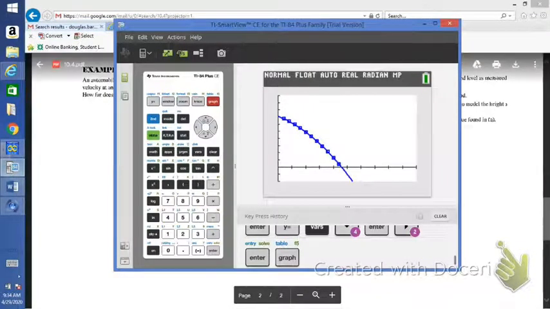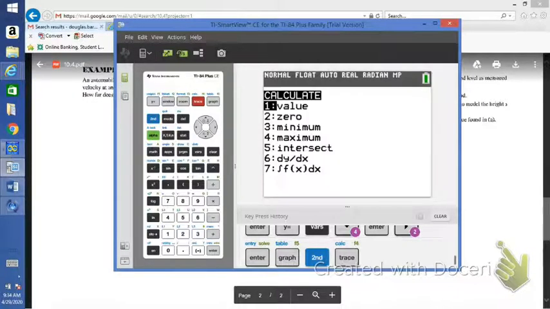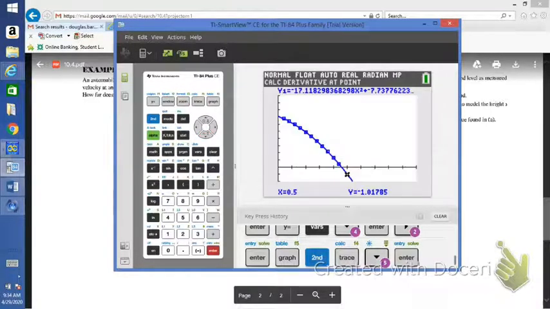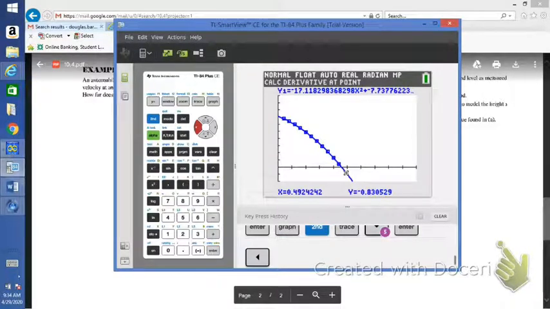Okay, so what you can do now is you can go back to your graph and you can hit second, the trace key, and you can scroll down to dy/dx and hit enter, and then a cursor will show up, and we want to find the instantaneous velocity at approximately 0.2 seconds. So you can estimate it this way.